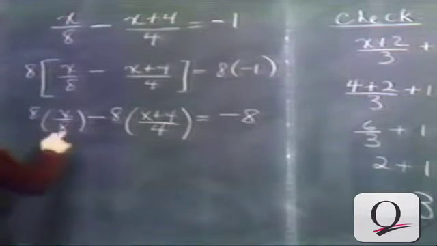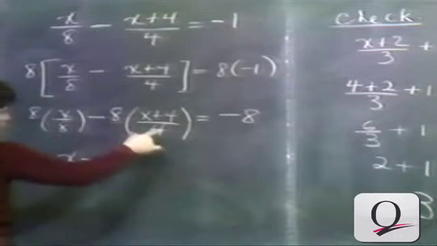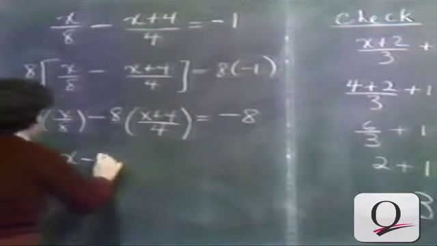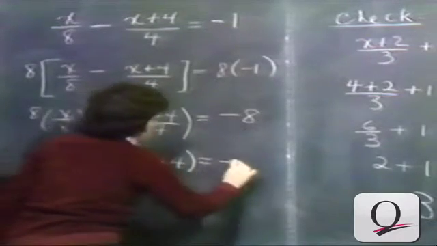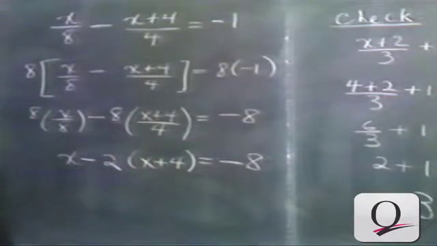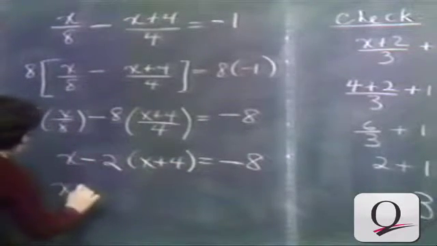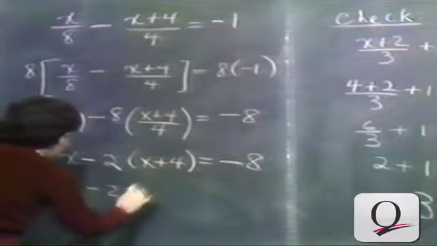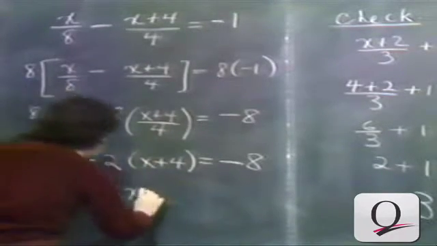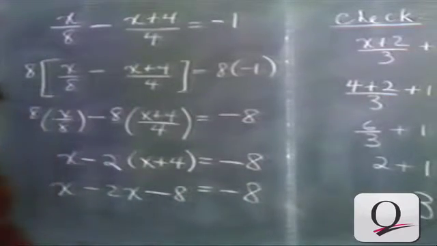Now, 8 times x over 8, the 8s go, we just get x. Take away 8 divided by 4, that's 2, times x plus 4 equals minus 8. Now, here we have to use the distributive law once again. We get x. Now, minus 2 times x, that's minus 2x. Minus 2 times plus 4, that's minus 8, equals minus 8.